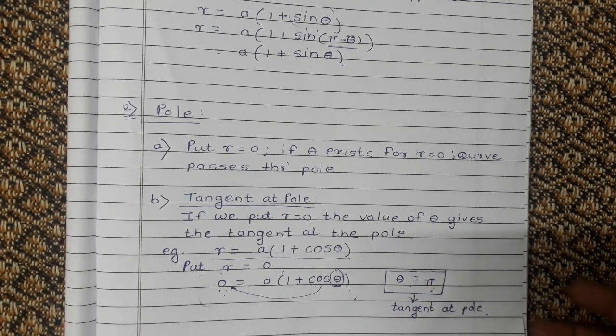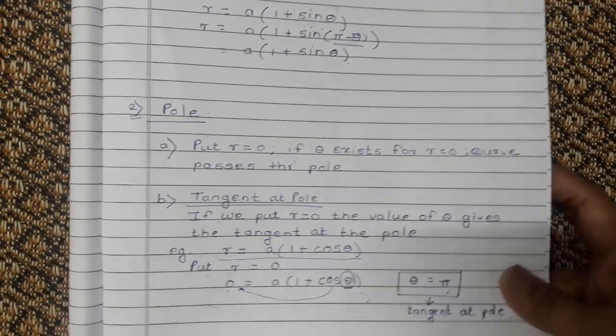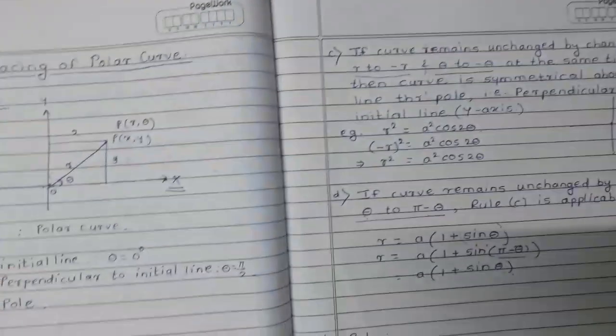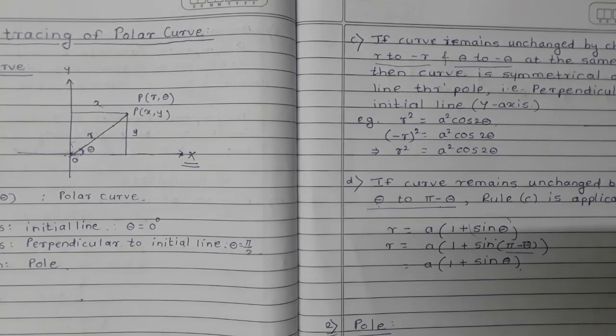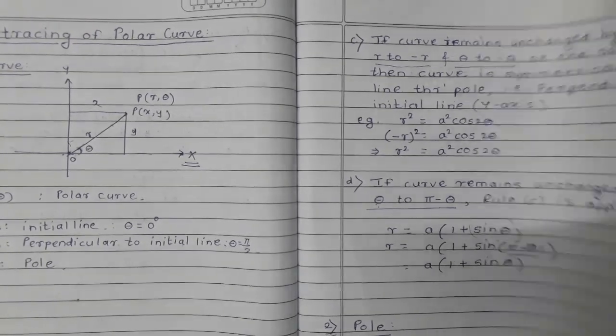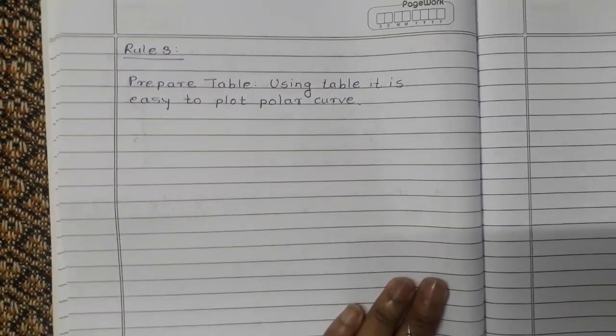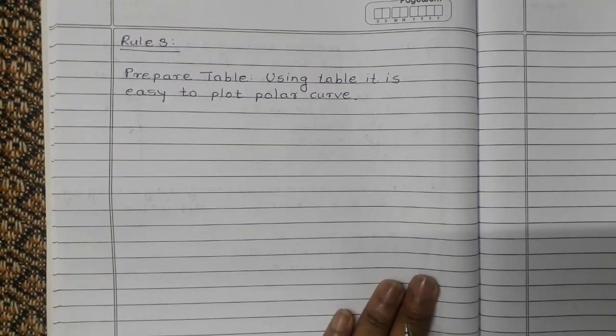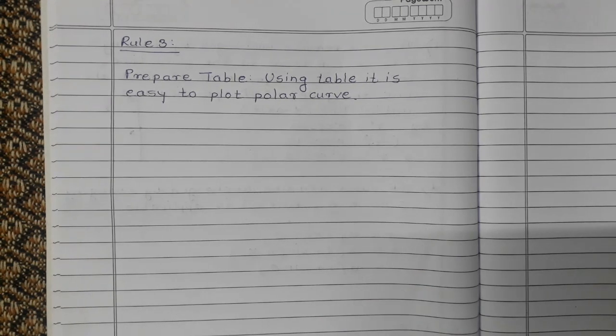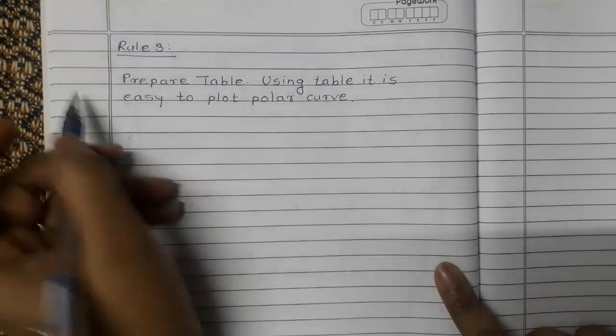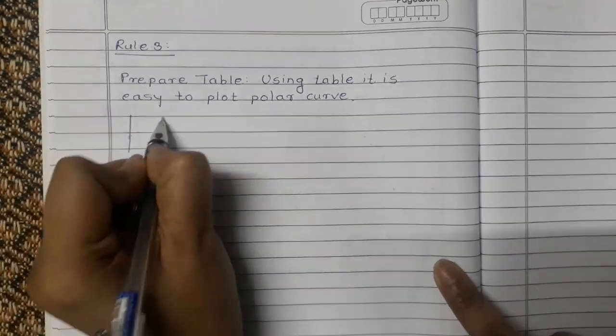Okay, then the next rule is that we are going to prepare a table here. For some set of values of theta I am going to figure out the value of r, so that using that table it will be easy to plot the polar curve. What I am saying here, say I make a table like this.